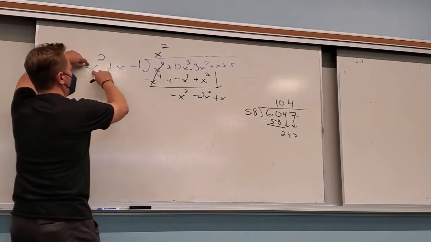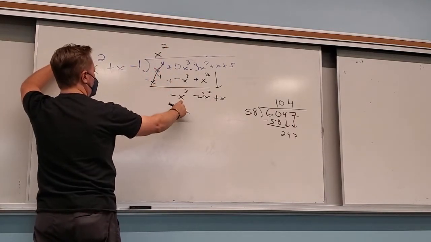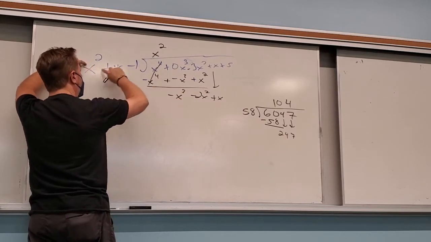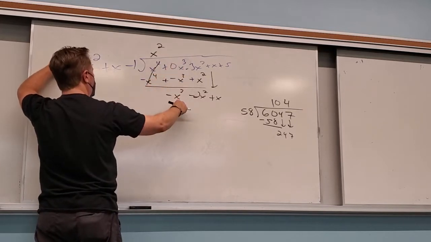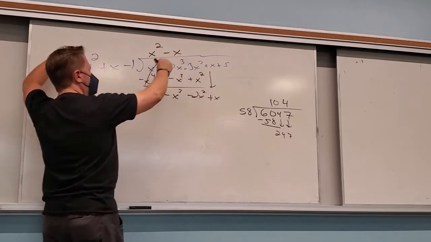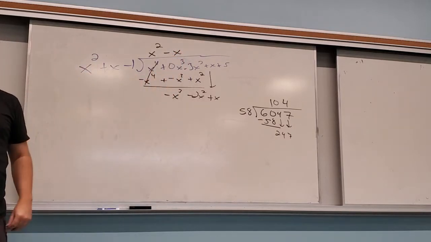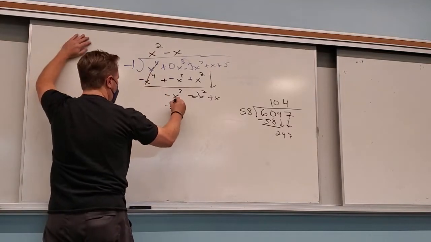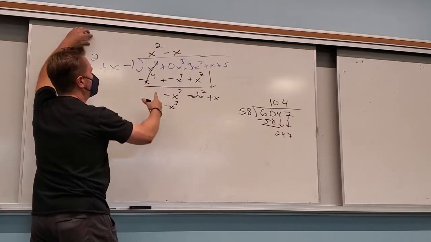And then x squared times what is negative x cubed? Negative x, right? Isn't it just missing another x? So negative x times x squared is negative x cubed, because we made it be so.